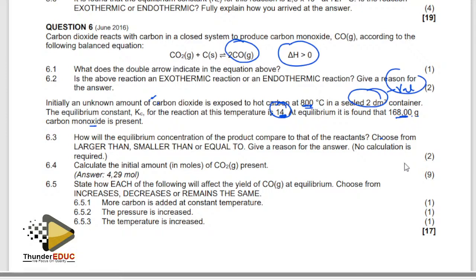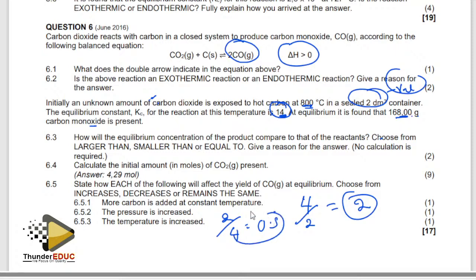Lower than the reactant. Let me give you an example. If the product is 4 and the reactant is 2, the answer is gonna be 2. You understand? Now if the product is 2 and the reactant is 4, what is the answer here? The answer is gonna be 0.5.